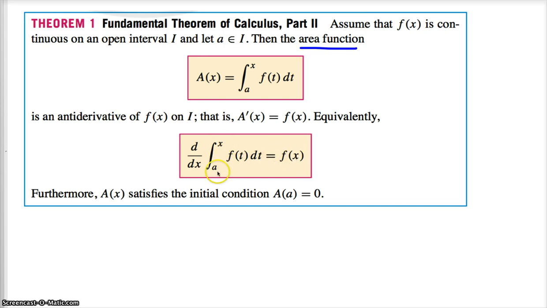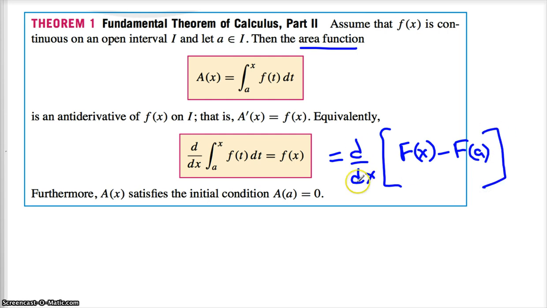Well, when we do our substitution with the antiderivatives, let me write this out. So let's work out the integral here. That's capital F at x, subtract capital F, those are antiderivatives, at a.